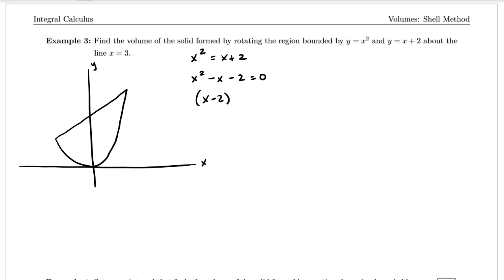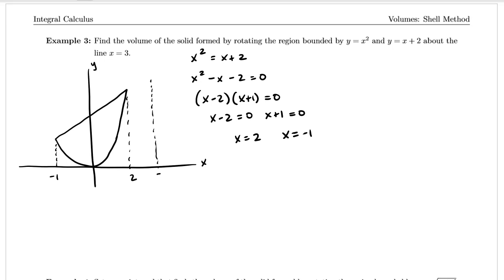I can factor this into x minus 2 times x plus 1, and we end up getting that x equals 2 and x equals negative 1. So that is negative 1 there, and that is 2 there. And I want to rotate this about the line x equals 3, which let's say is right there.